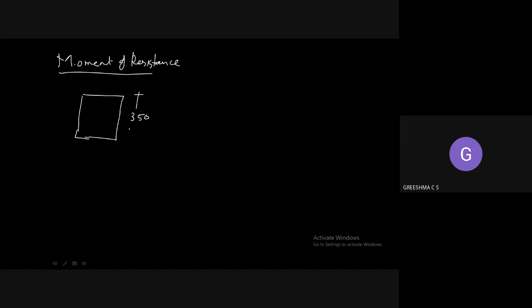How to do this problem? In the question you have to find out the moment of resistance. There is a beam which has a depth of 350 mm and a width of 250 mm.